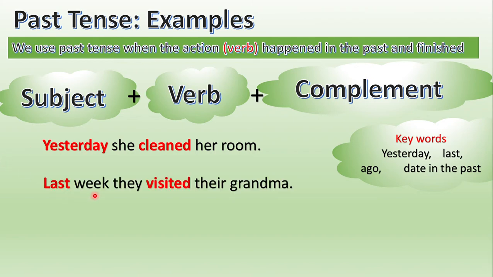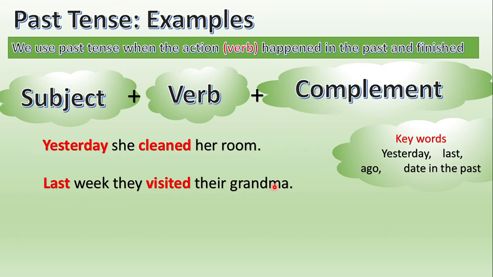Now let us have another example. Last week, they visited their grandma. Last week is a keyword that means the sentence is the past tense. So the verb visited must be in the past. We have to write the sentence correctly. Last week, they, the subject, visited, the verb.